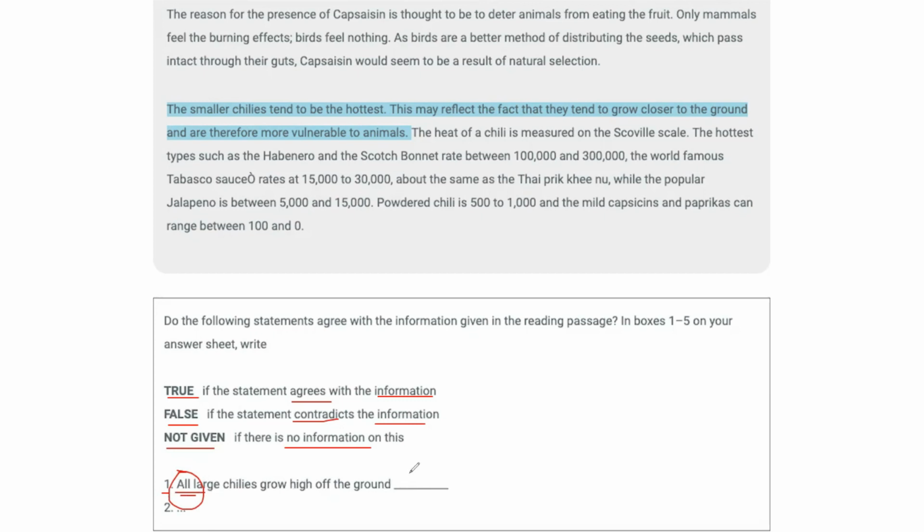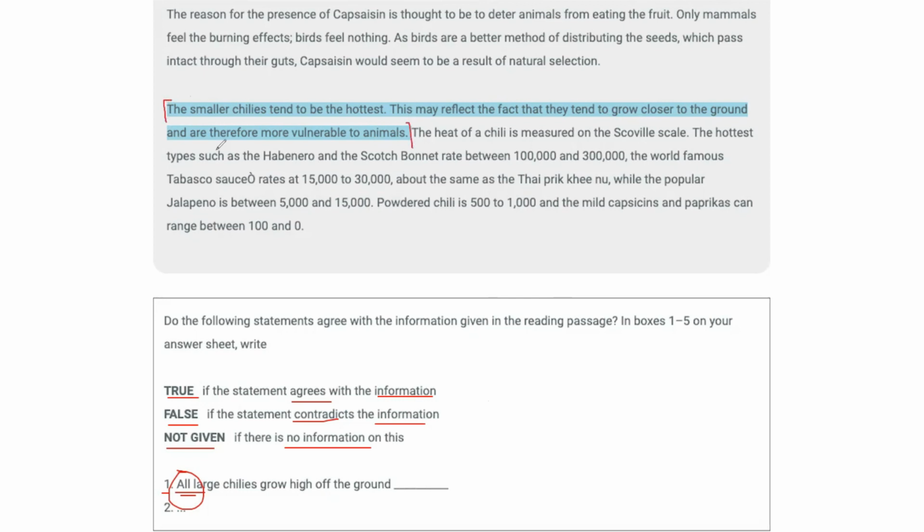If by chance in your text you read something that says some large chilies or most large chilies grow high off the ground, this would not be true, because even if it's similar, remember, it's not always true. So in an actual exam, you would want to scan your text for the keywords. So something like chilies and ground, also grow is a good keyword. We've already done this for you because we're just looking at an example here.